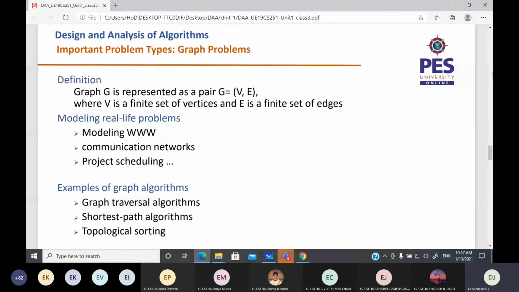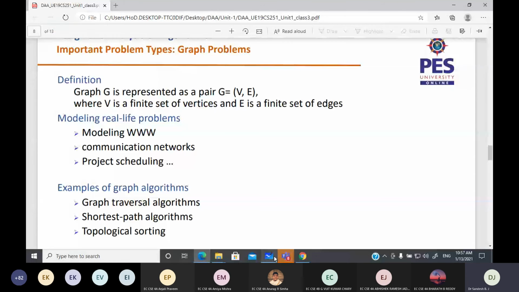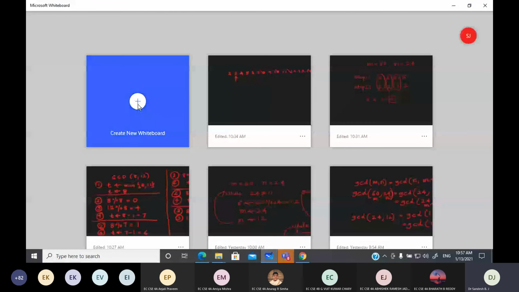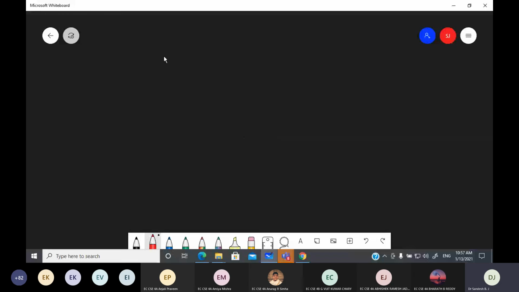Then the other thing is topological sorting. If there is a dependency of a task on another task, then you are going to use topological sorting. This could be used in many application areas. For a simple example, if a student has to take courses to complete his degree, and the prerequisites are mentioned, they are modeled as a graph.